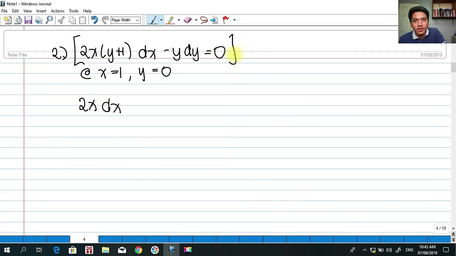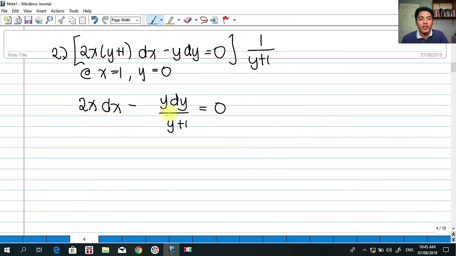So let me write it so that you can see. We are left with 2x dx - y dy over (y + 1) = 0. Here we have already grouped all terms containing dx, and all terms containing dy are now grouped with the y.